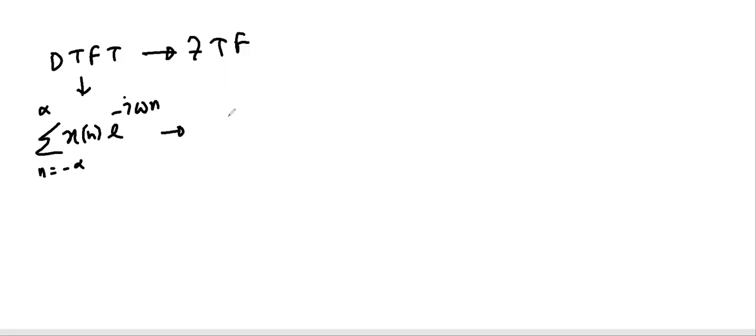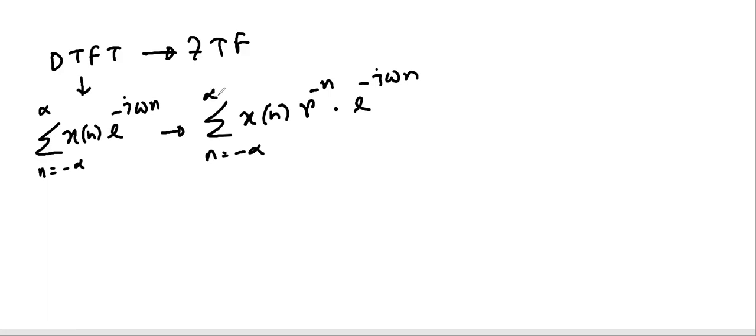And in case of Z transform, we are doing the same thing. We are taking our unknown signal x[n], and now we are multiplying a factor r to the power minus n and e to the power minus j omega n. Again, n goes from minus infinity to plus infinity to capture the whole sequence.